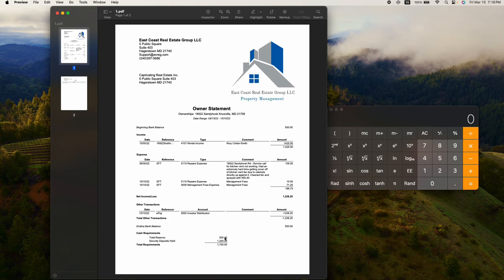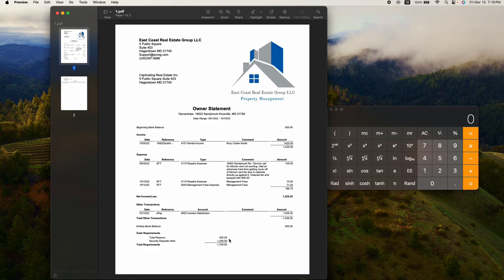So your ending bank balance is what we have in there. So if it's less than that 500, say, you didn't get any income that month for some reason, and we use some of your reserve to pay something, your reserve number here would stay static. It wouldn't change. This reserve is 500. This doesn't mean this is how much you have in your account.